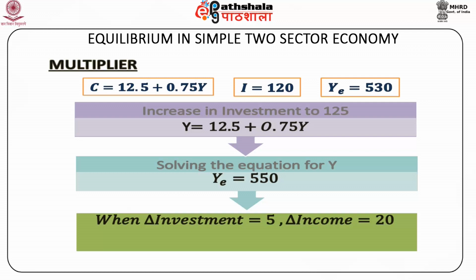There is an increase in income that is a multiple of increase in investment. In this example, the multiplier is 4. The multiplier denoted by K works not only for an increase in autonomous investment but for any component of autonomous demand.